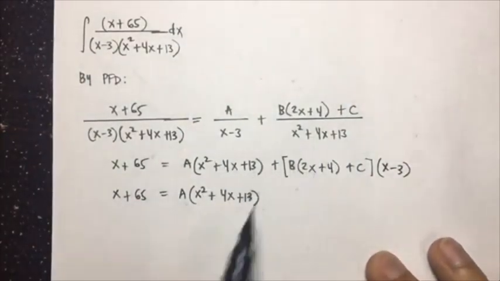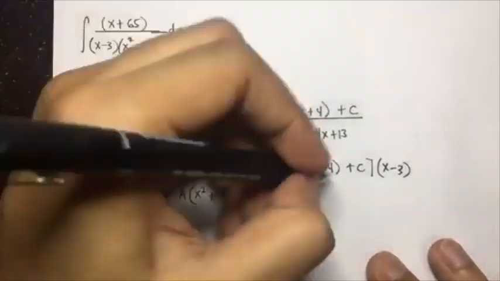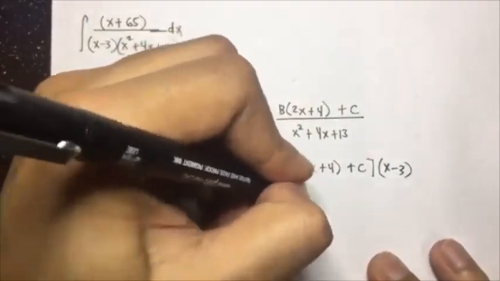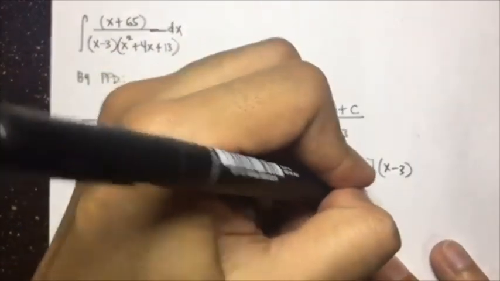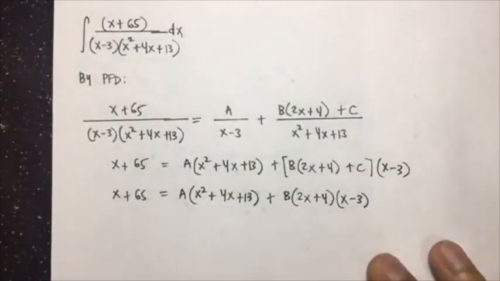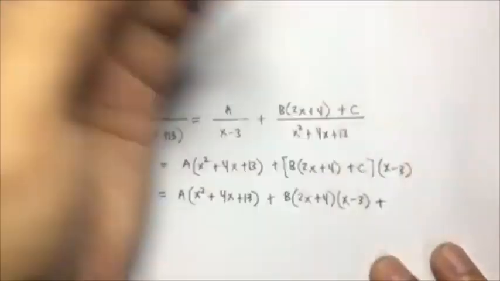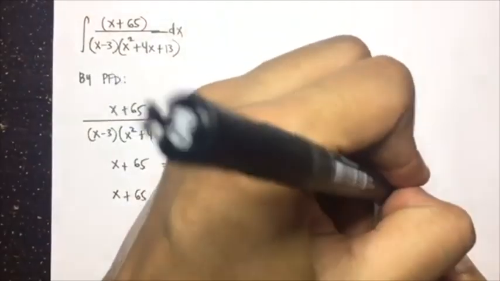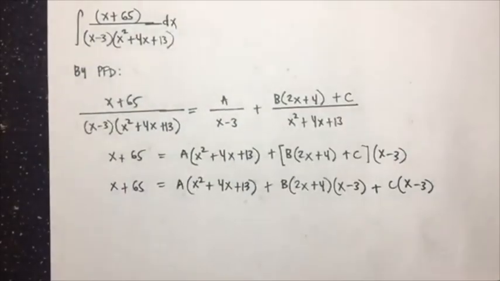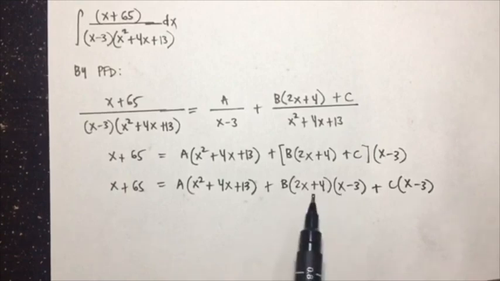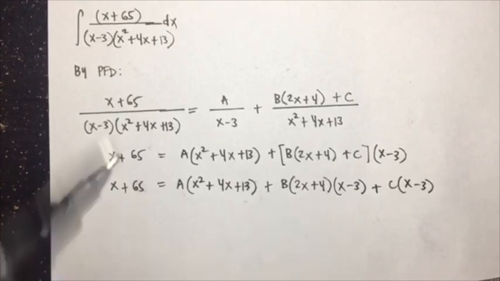Plus b times 2x plus 4 times x minus 3, plus c times x minus 3. Let's distribute this for later if we need to equate coefficients of similar terms.